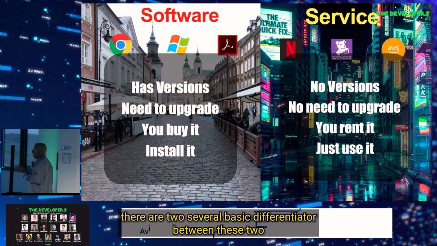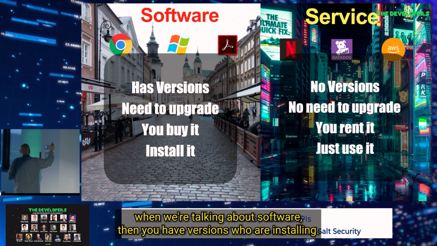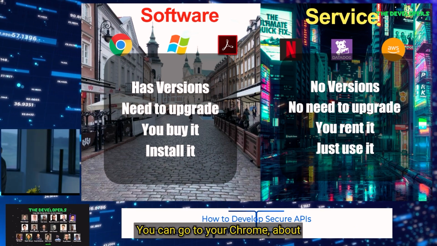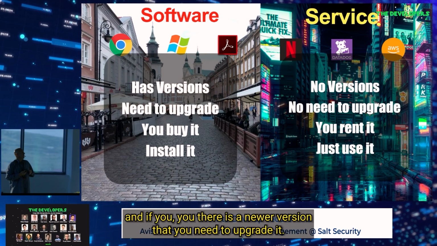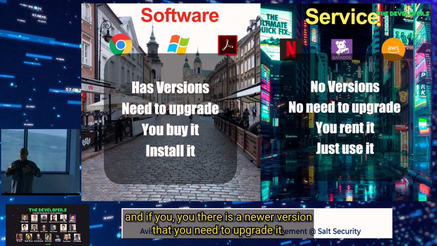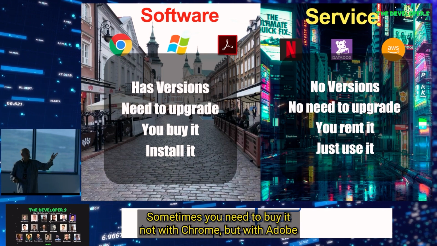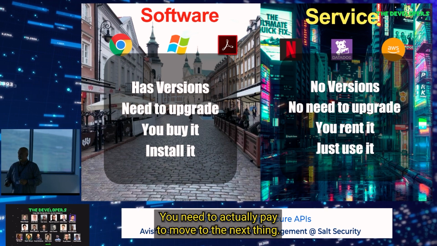Now, there are several basic differentiators between these two. When we're talking about software, then you have versions you are installing. You can go to your Chrome about, and you'll see exactly what version you're using. And if there is a newer version, you need to upgrade it. Sometimes you need to buy it, not with Chrome, but with Adobe or Windows and stuff like that. You need to actually pay to move to the next thing.